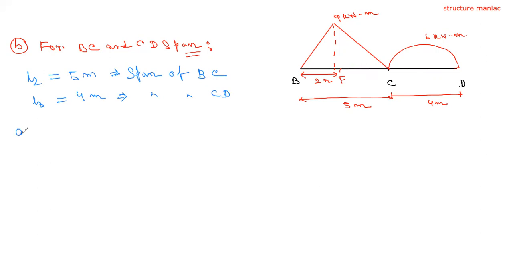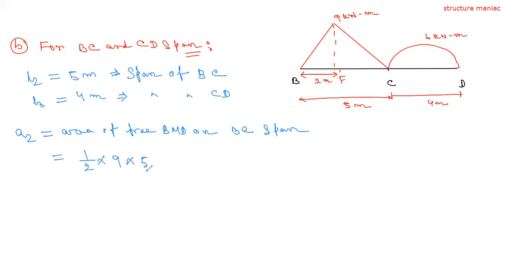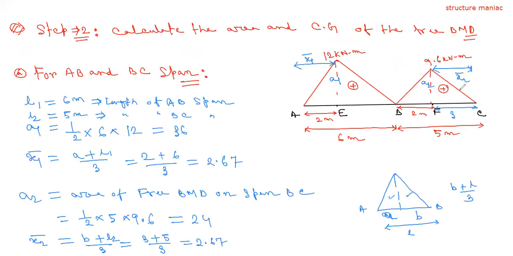Okay. So now A2, that is the area of free BMD on BC span. It's a triangle and we have already calculated the value. So half into 9 into 5, or 9.6, not 9 actually. 9.6 we have, yes.